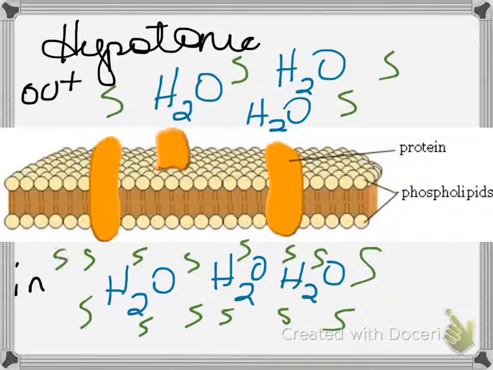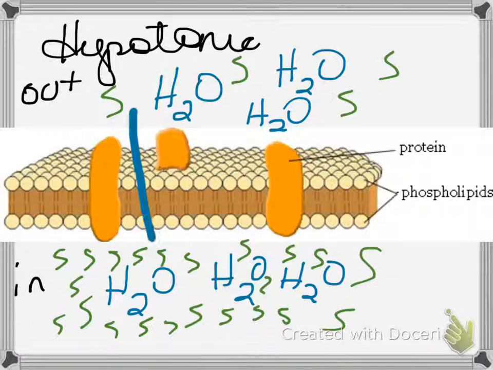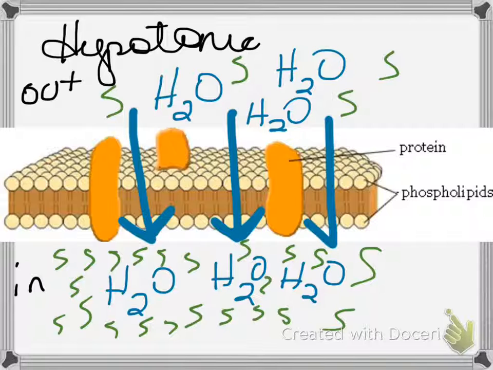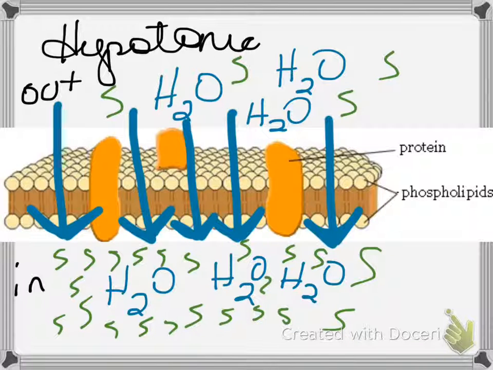Because we have so much solute inside the cell, what's going to happen is that water is now going to start flowing into the cells. To even out this concentration, water is going to flow from the area of high water concentration to an area of low, because it's less concentrated.